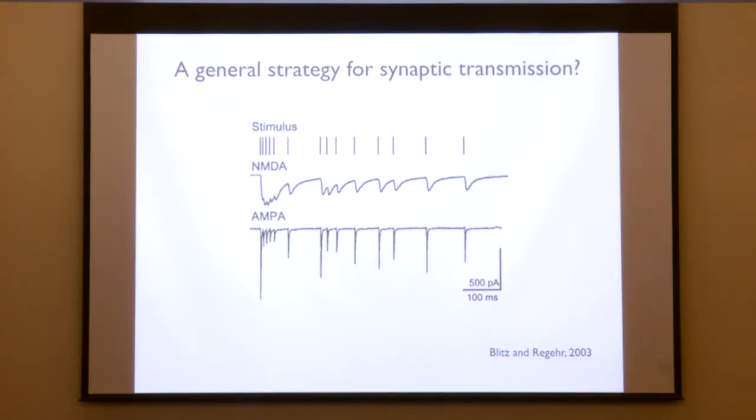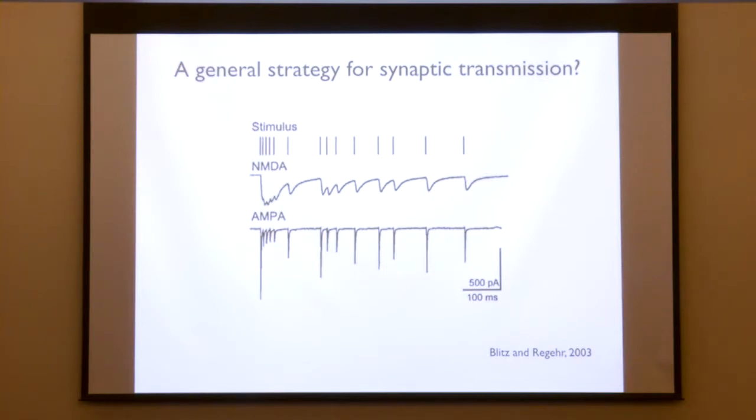But glutamatergic synapses also have two types of receptors, AMPA and NMDA receptors. We usually think of NMDA receptors as being involved in, say, learning and memory, but they also carry a different temporal content. They carry a slower component of the signal.